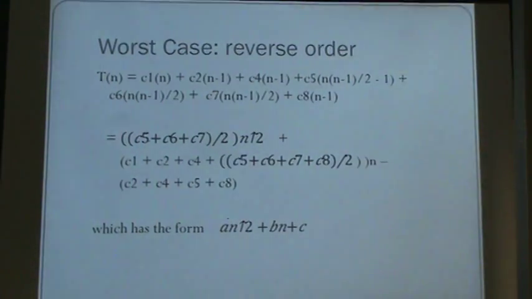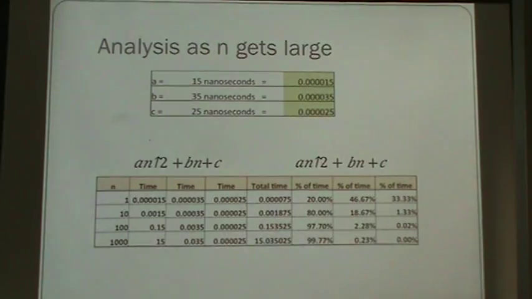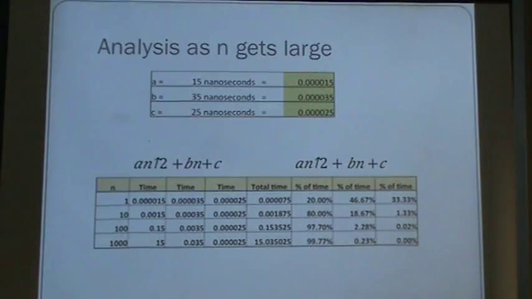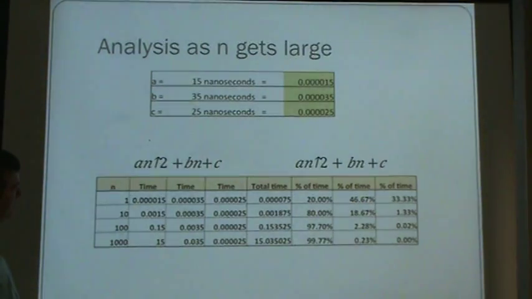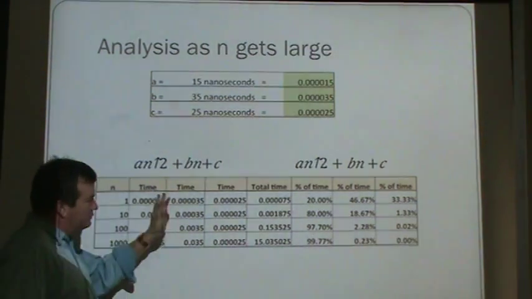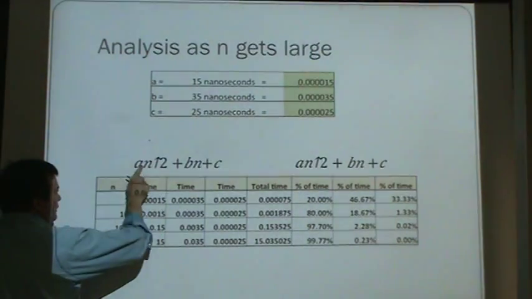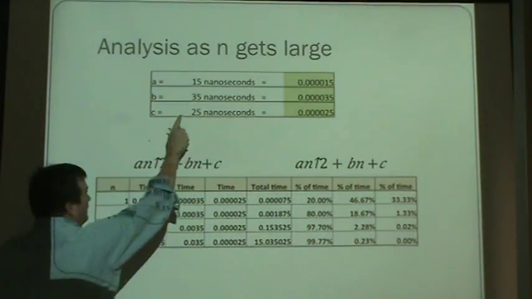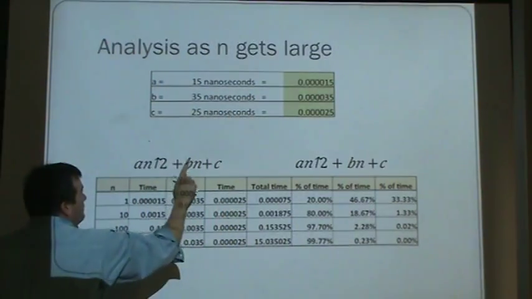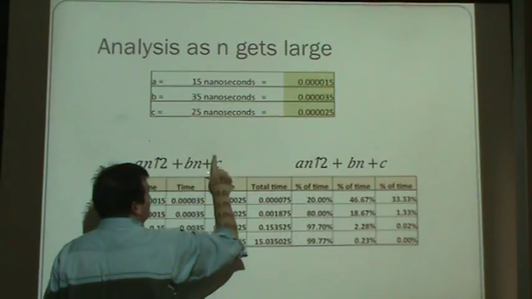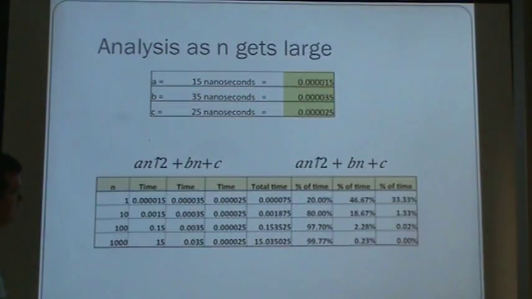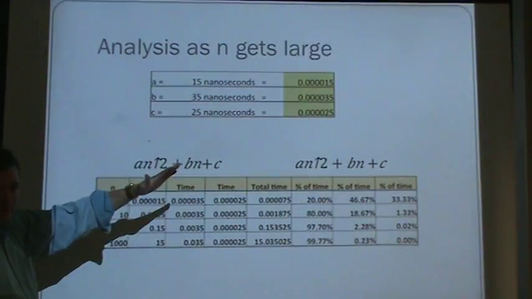Okay, so suppose we had an algorithm. You calculated how much time it takes to run, and you picked one of the cases, best case, worst case, average case. So we were able to say that, let's say all those constants added up, make an A of 15 nanoseconds, B of 35 nanoseconds, and C of 25 nanoseconds. So if n was equal to 1, how long would the algorithm take to run?